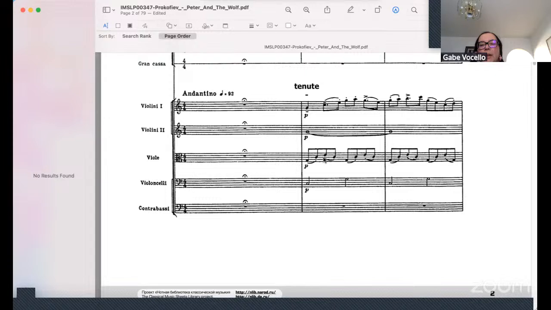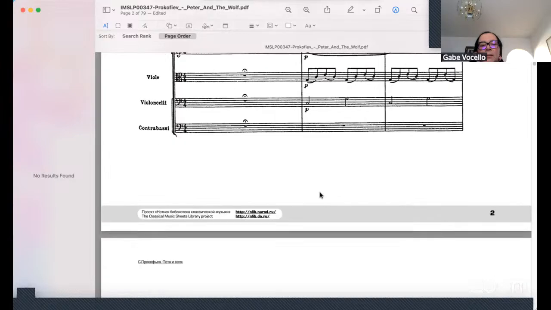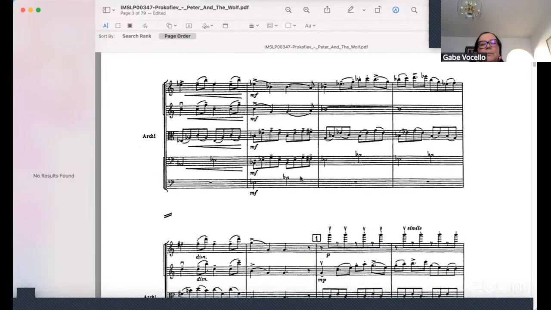This here should be legato. This is a dolce staccato. So this could be a glissando or portato, a portamento.